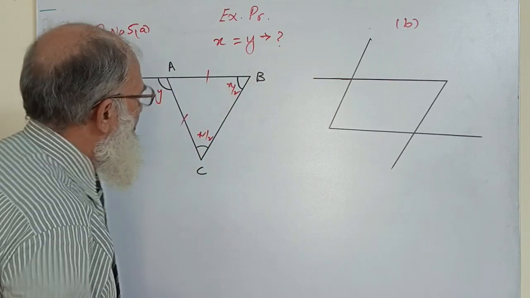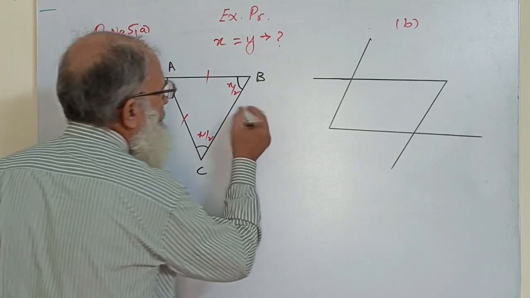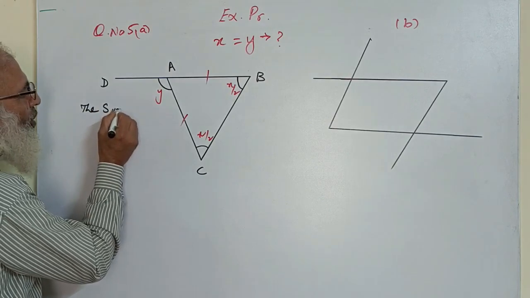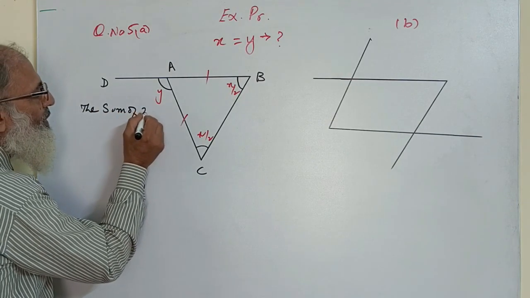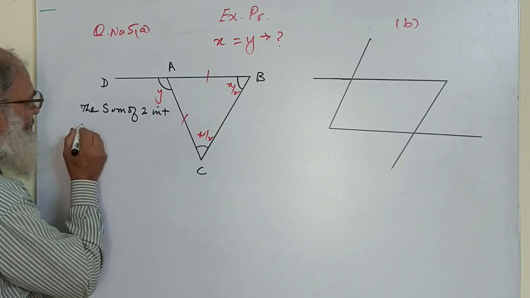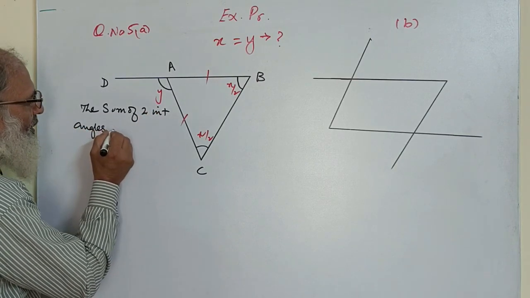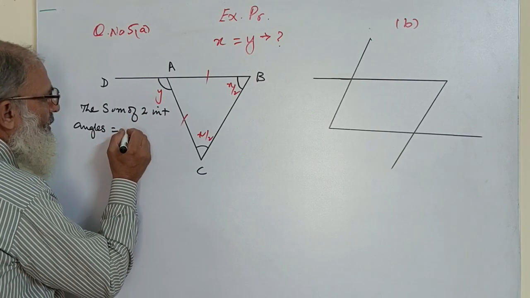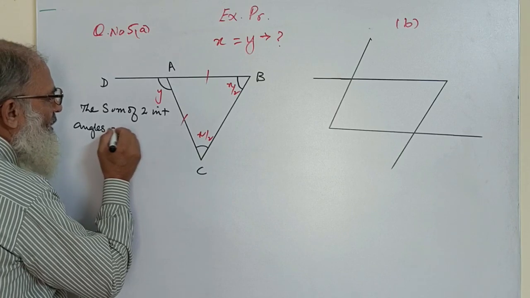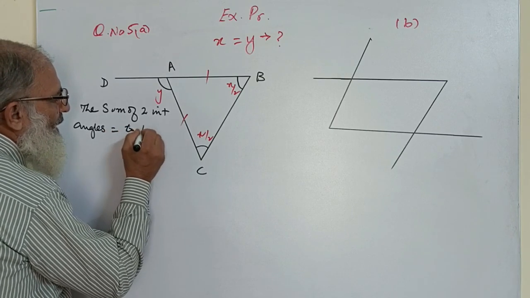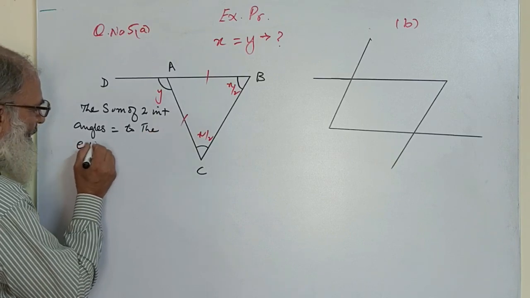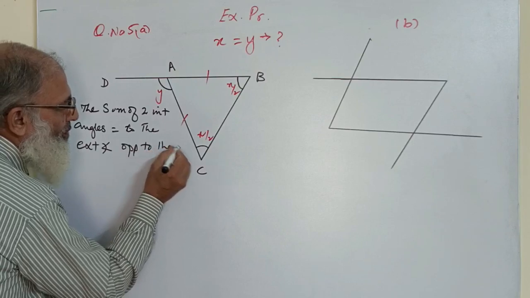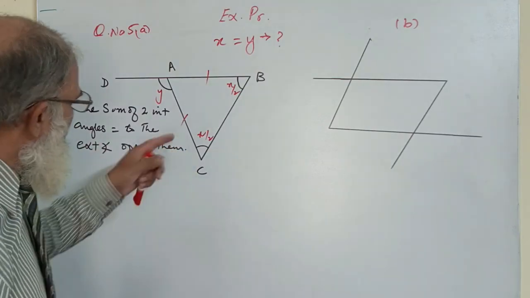So that is equal to y. If you want to write here, you can write: the sum of two interior angles is equal to the exterior angle opposite to them. Okay, now this is solved over here.